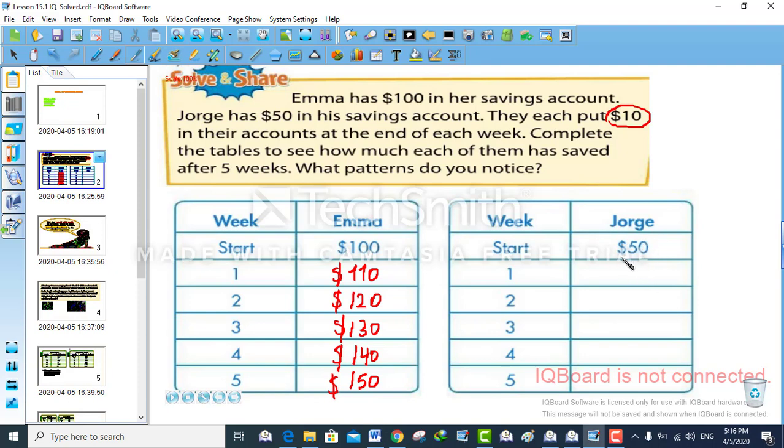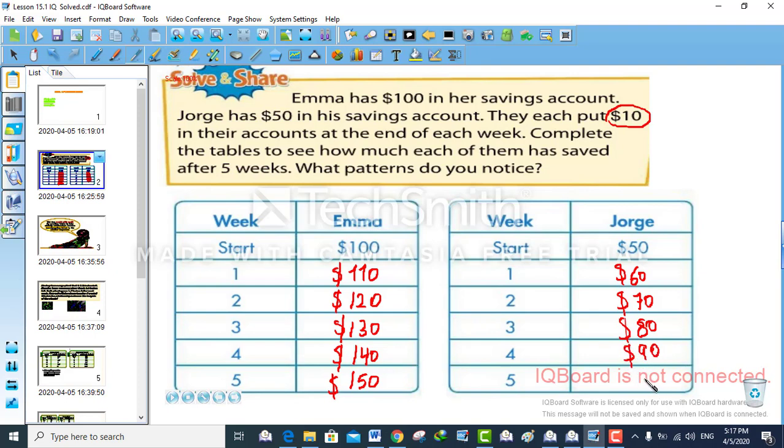The same way here, George put $50, so it's going to be $60, $70, $80, $90.